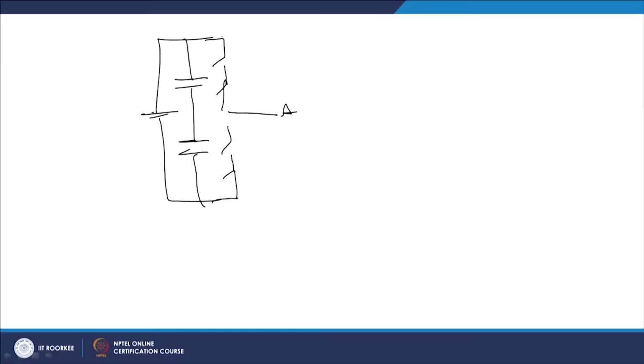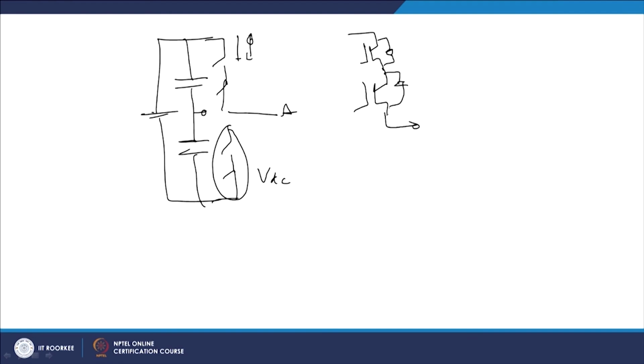When you want to connect this voltage, it is required to block the voltage of VDC, and the current is required to be bidirectional. So, what we can think of is to connect a switch here with an anti-parallel diode, and another switch with an anti-parallel diode at this point.